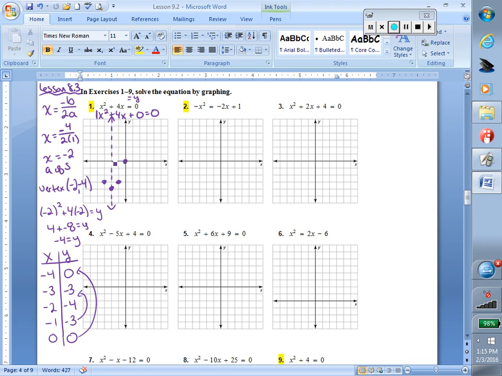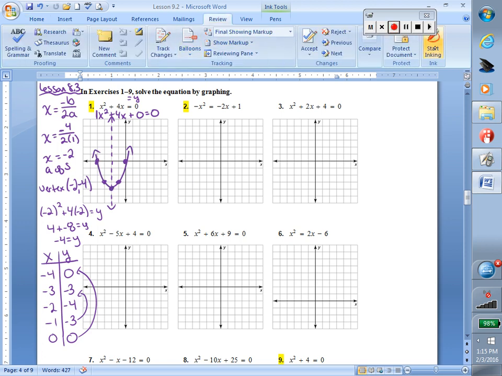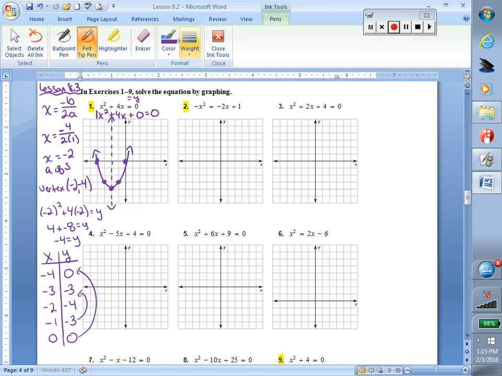My point is 2 away on the right, so it's 2 away on the left. Remember, we're looking for x-intercepts, and by doing that small table, I did come up with x-intercepts.